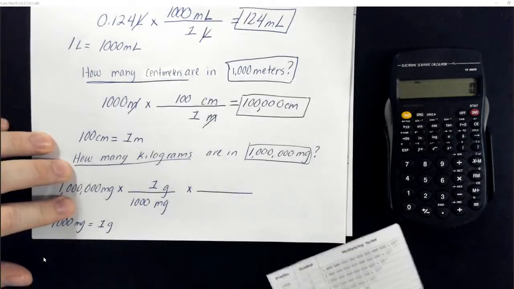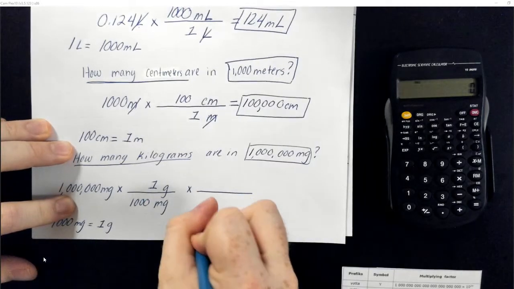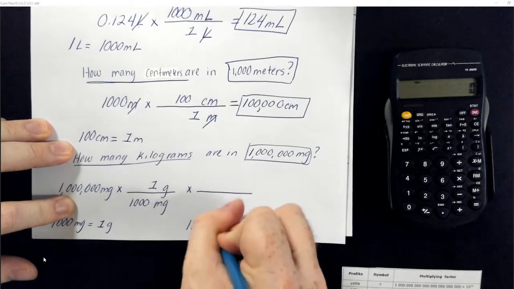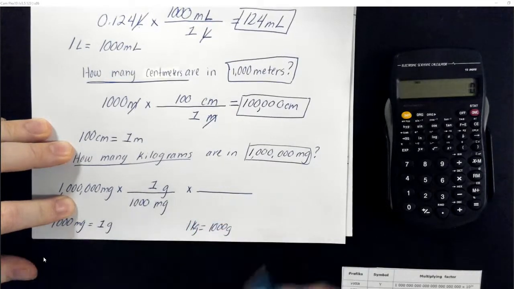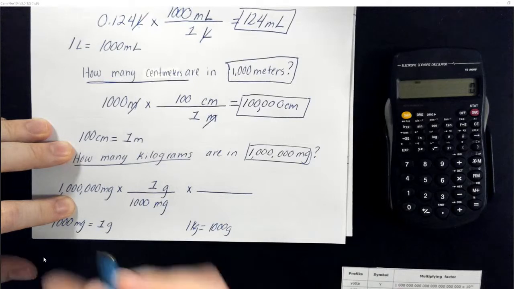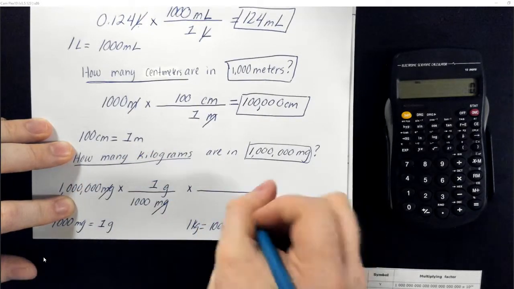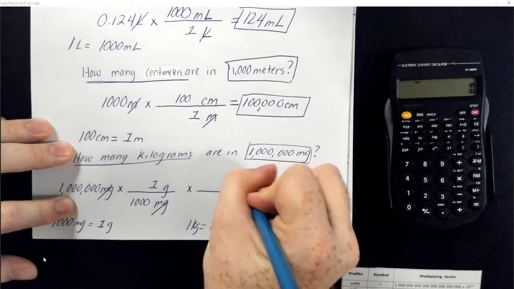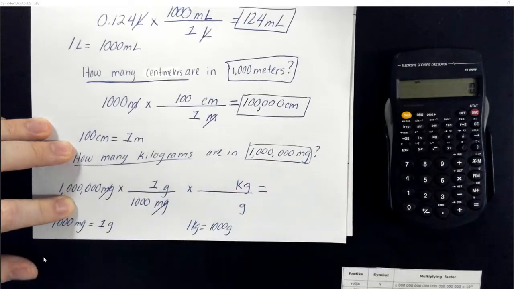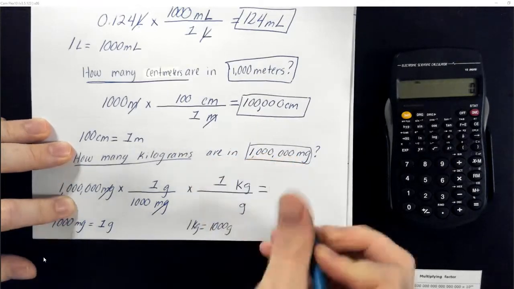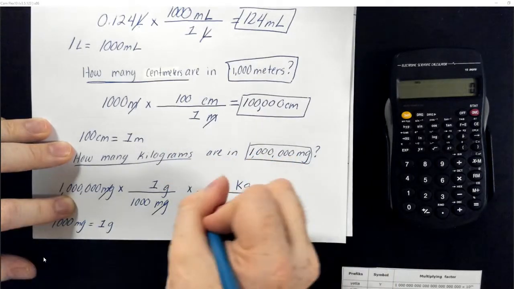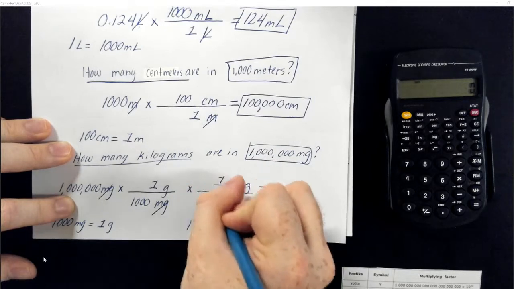So in other words, 1 kilogram is equal to 1,000 grams. These milligrams cancelled. I need gram down here to cross cancel that gram, and then I'll have kilogram up here. Alright. 1 kilogram, then 1,000 grams.